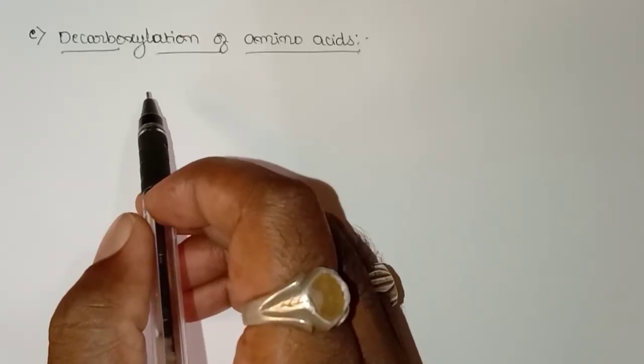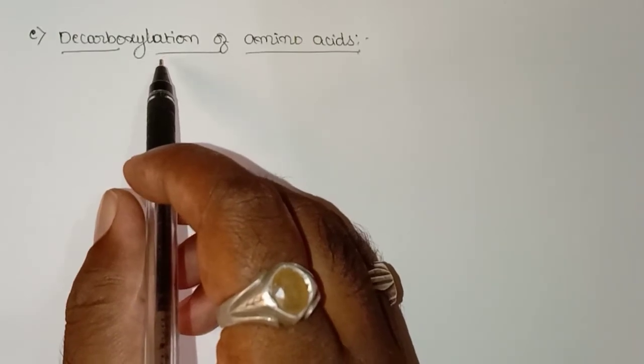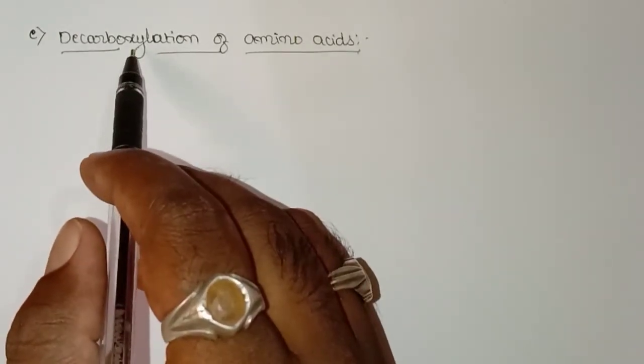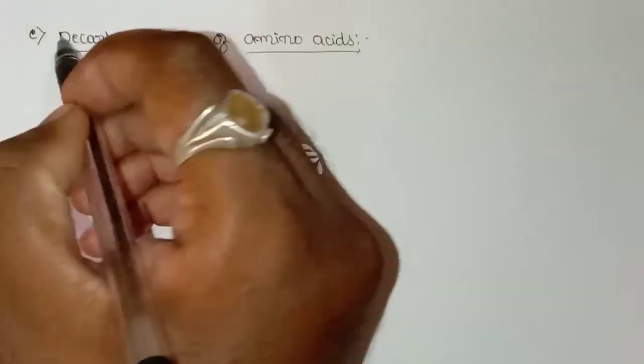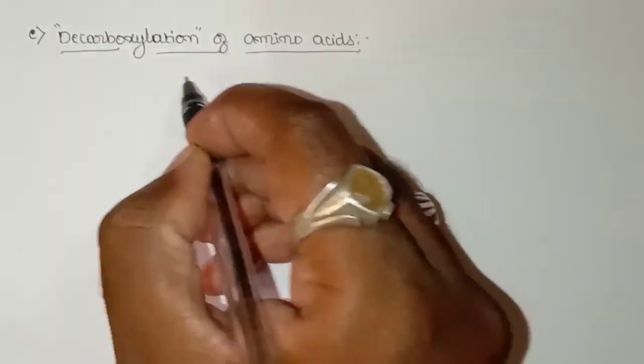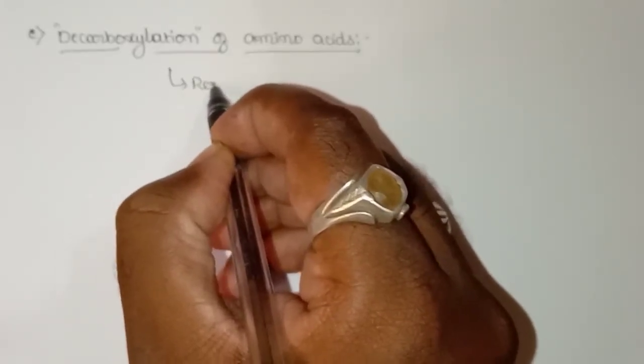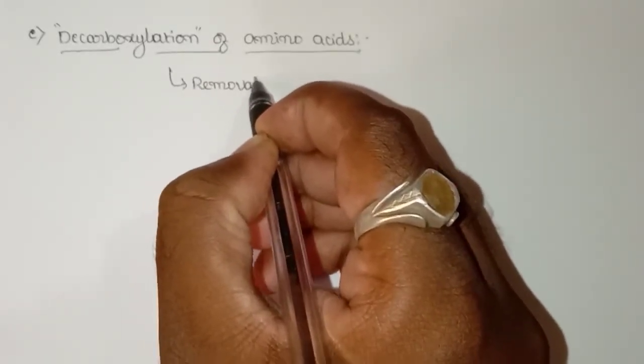The most important reaction of amino acids due to the COOH group is decarboxylation of amino acids. We know that decarboxylation is simply the removal of carbon dioxide.